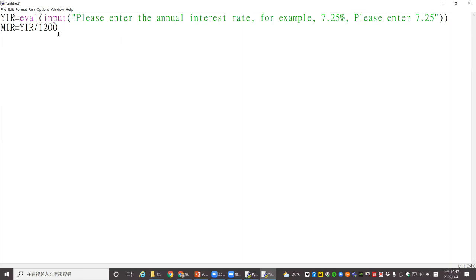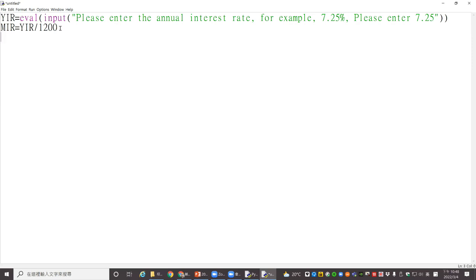So you have to go back to the original value. Actually it's not 7.25, it's 725%. So you have to divide by 100 again. So maybe here you can process them together. You can divide by 100 times 12, which is 1,200, directly. So you will get the correct value.